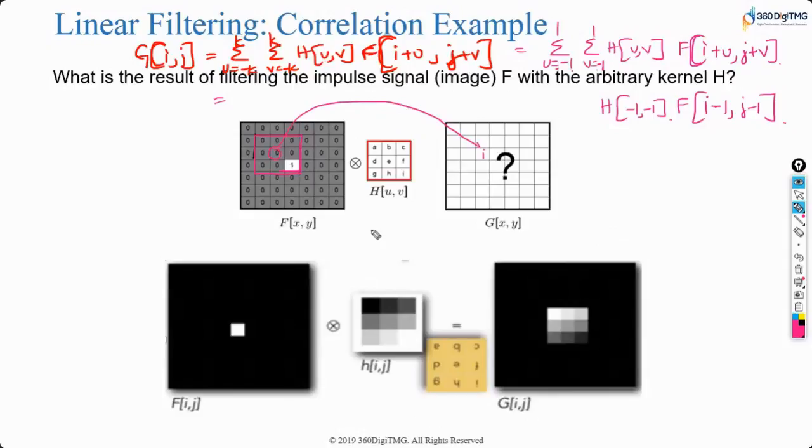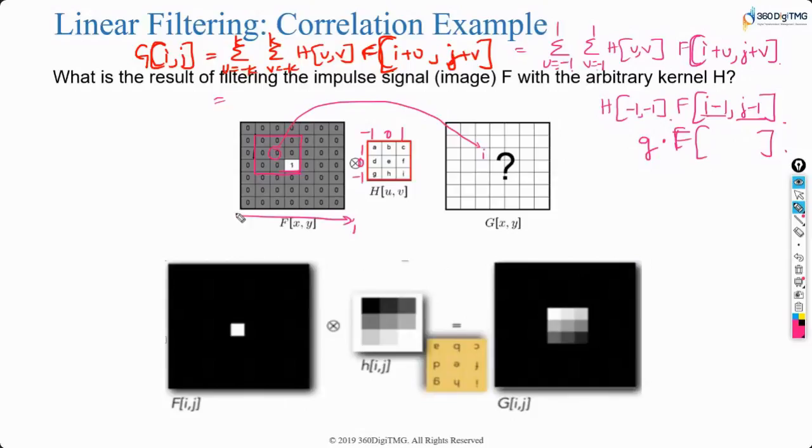Now here I need to first write down properly what minus 1 means. Minus 1, 0, 1, minus 1, 0, 1. If it's like this, h of minus 1, minus 1 is g here, into f of i minus 1, j minus 1.